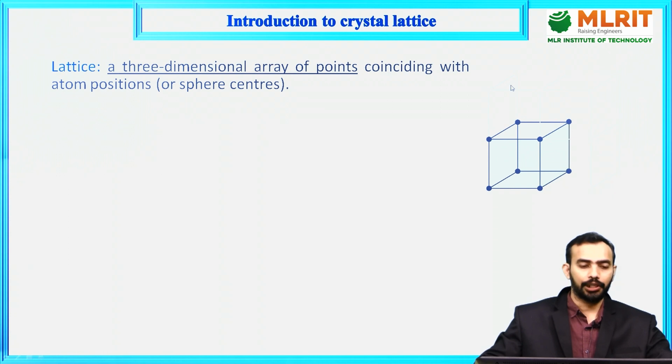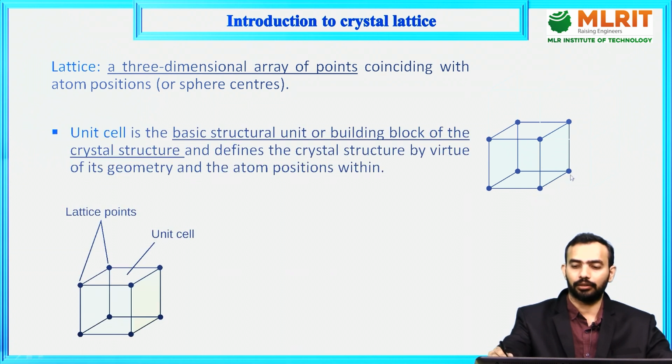So if you recall quickly what we have discussed about crystal structures, first we defined a lattice. A lattice is a three-dimensional array of points coinciding with atom positions. As you can see here, these are the points that we have considered in three-dimensional space.